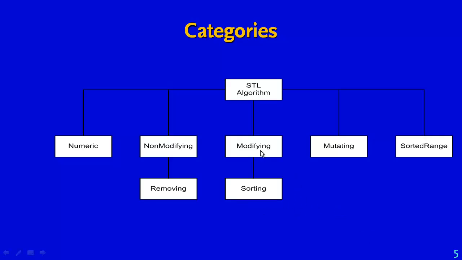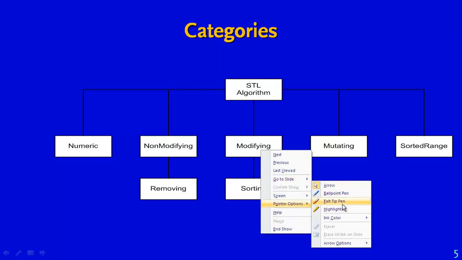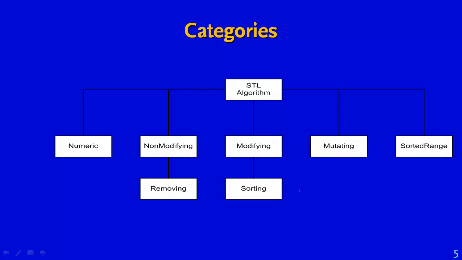In fact, there's a bit of a wee mistake here. Just let me draw it here. The sorting algorithms are a special kind of mutating. This is incorrect. And the removing is a special kind of modifying. So you just move everything up 1. This is not correct. Okay, so let's start again.